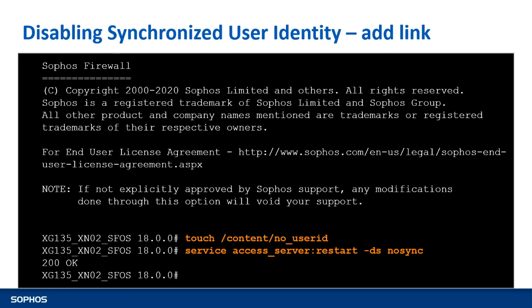The synchronized user ID will work by default if the prerequisites are satisfied. However, if you want to disable it, this can be done via the console by creating the file that you can see here.